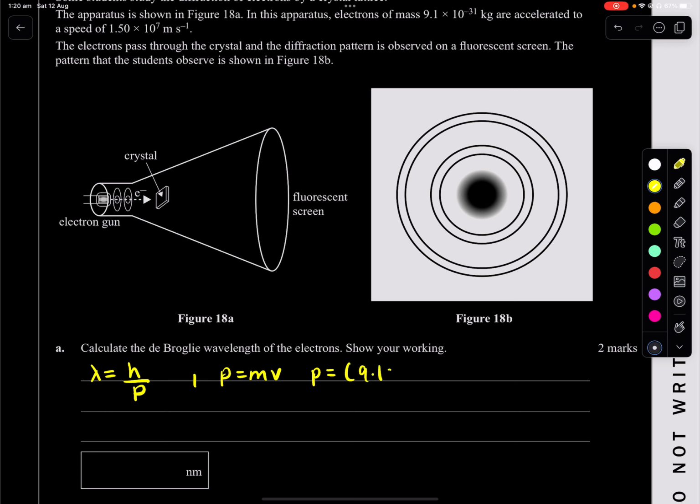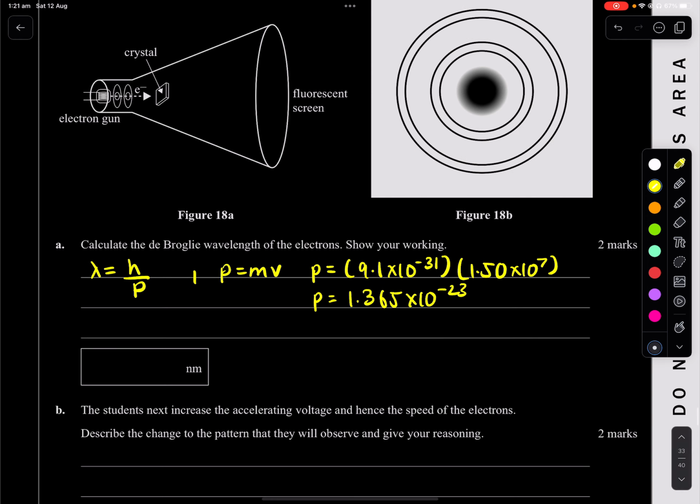Your mass is 9.1 times 10 to the negative 31, and your velocity is 1.5 times 10 to the power 7. So your p for this is 9.1 times 10 to the negative 31 times 1.5 times 10 to the power 7. We get 1.365 times 10 to the power negative 23.